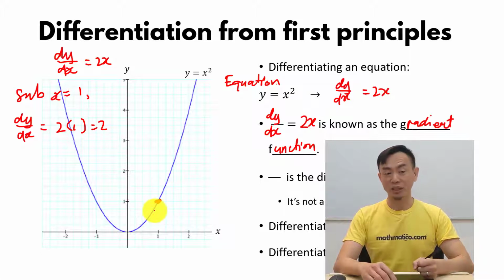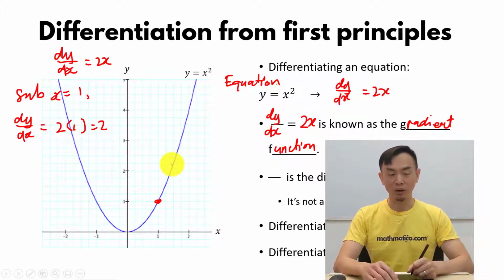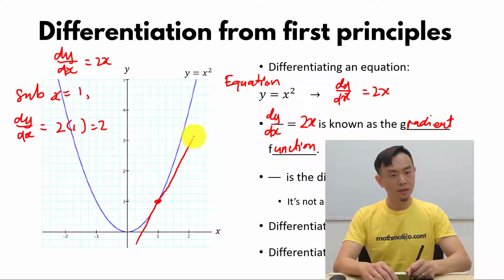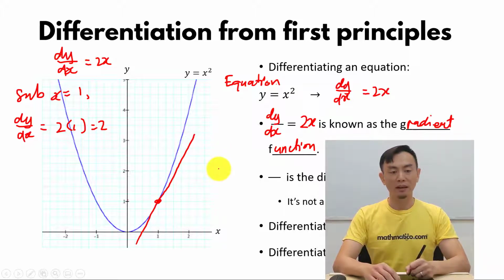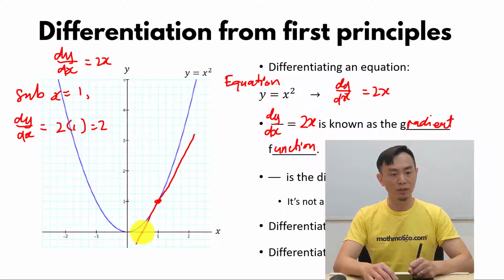If we draw a tangent to the curve, which is basically the gradient of the graph at this point, something like this, you probably have learned by this time how to draw graphs and how to draw tangents and find a gradient. You pick 2 points and you find y2 minus y1 over x2 minus x1, the gradient.